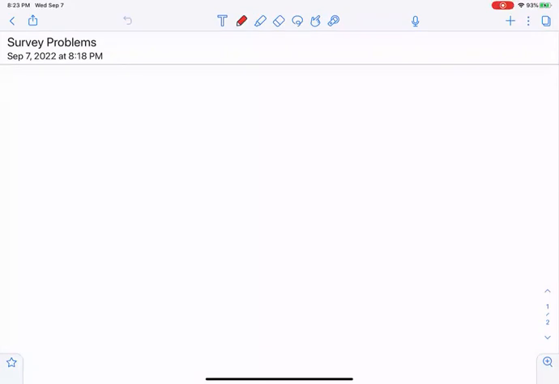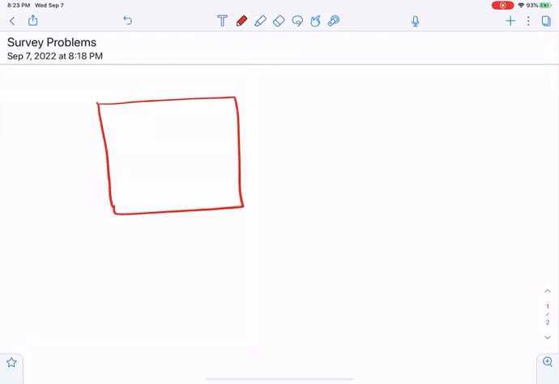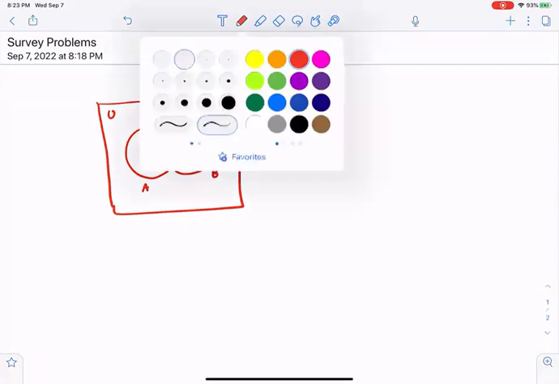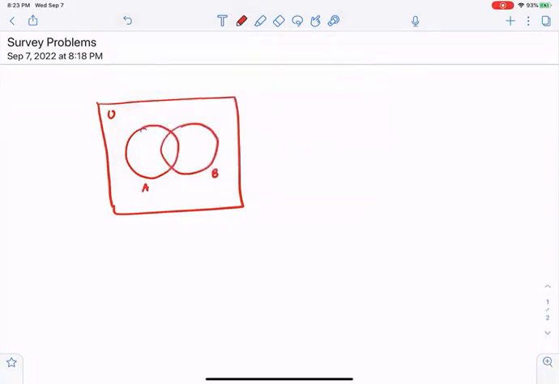Here is a simple example. So I have the universal set, and I have two sets, A, B. In gray, I'll use region 1.